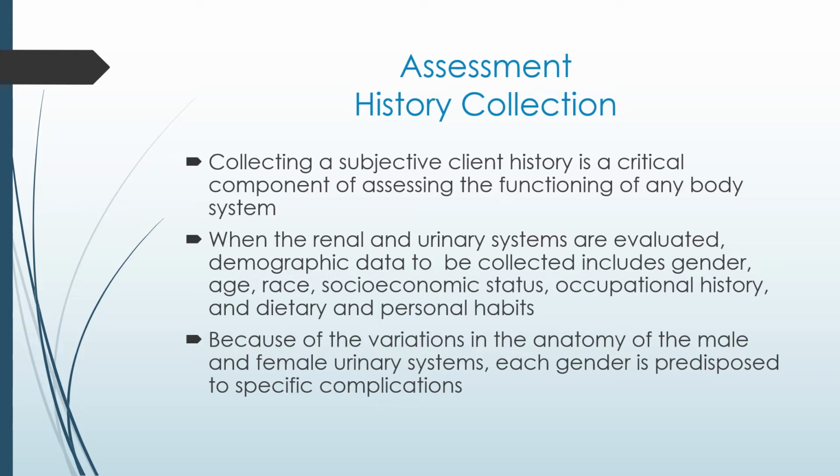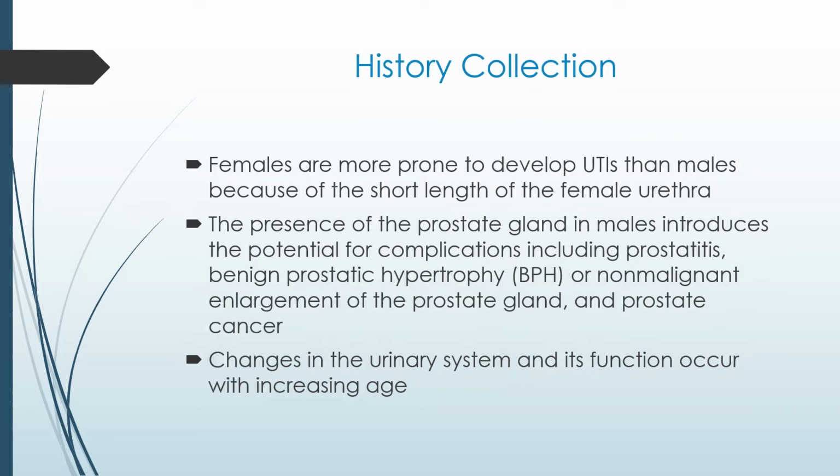Because of the variations in the anatomy of the male and female urinary systems, each gender is going to be predisposed to specific complications, because males and females are not made the same way, right? This we know. So females are more prone to develop UTIs, urinary tract infections, more often than males because females have a shorter urethra.